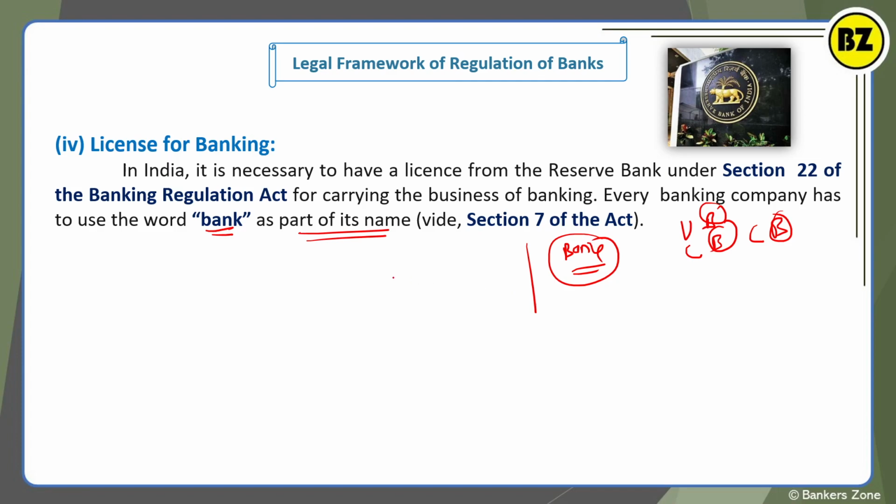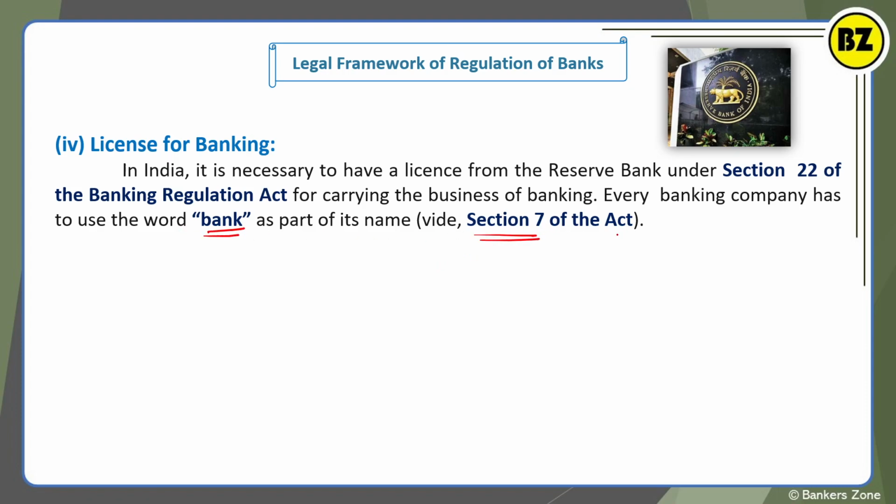Now see, other finance companies like Muthoot Finance cannot use the word bank. That basic difference you have to understand. The bank name can be used as per section 7 of the Banking Regulation Act, and section 22 gives the license for the banking business.